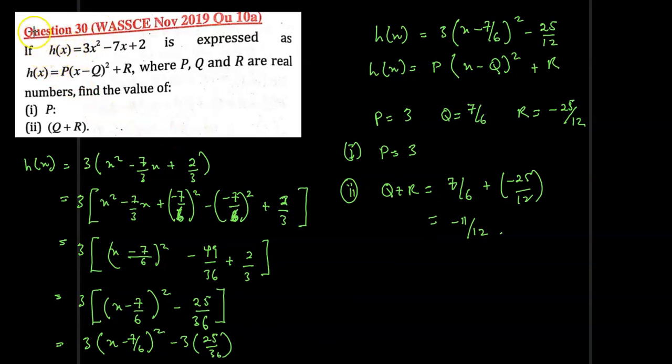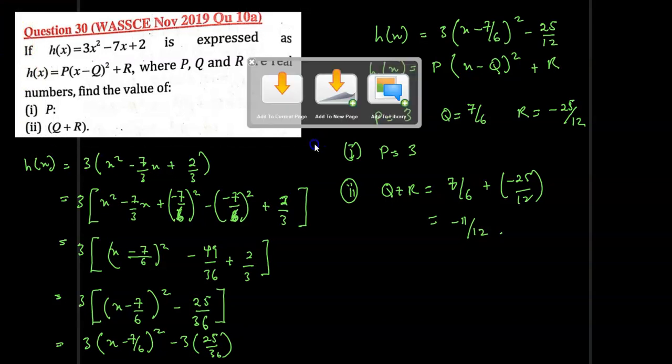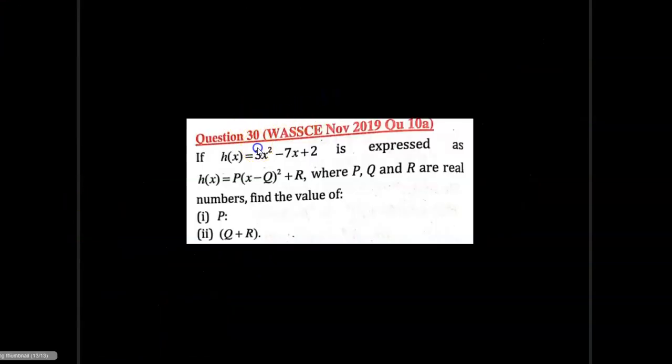And so let me just copy this question here and then send it to another page. Then I'll do the same thing. So let's look at it using the other method, which is the expansion and simplification method.